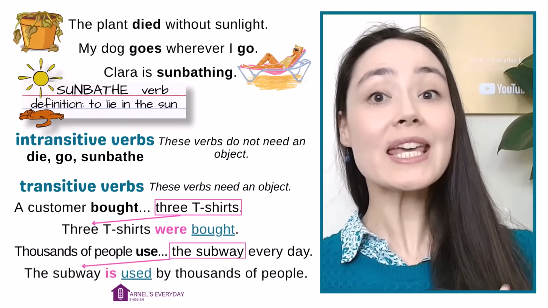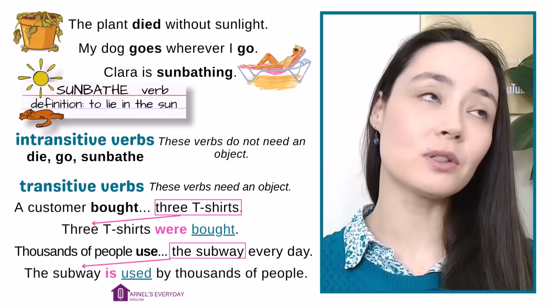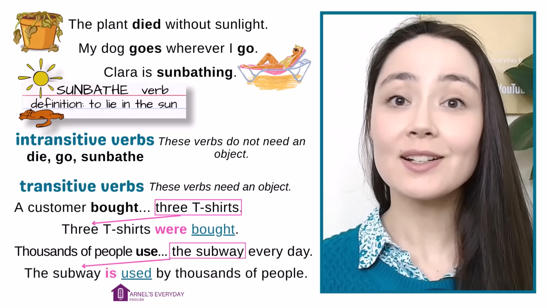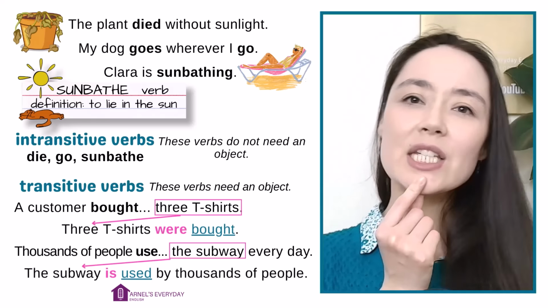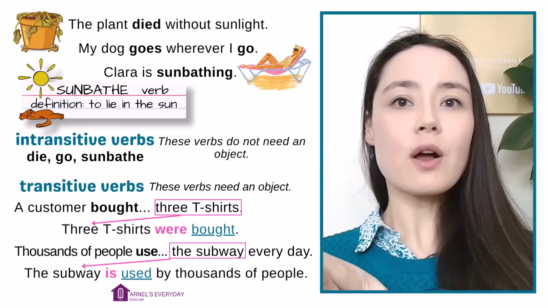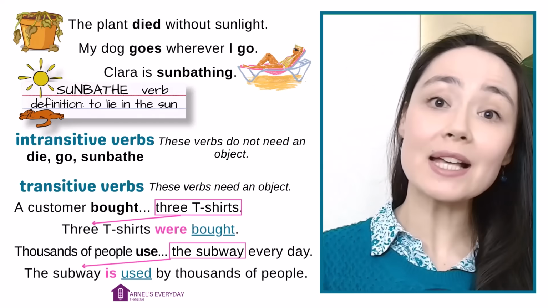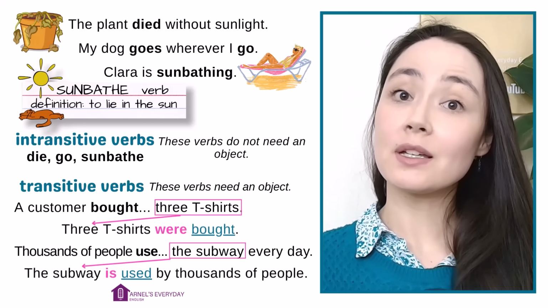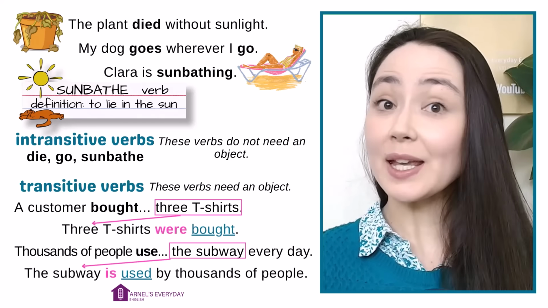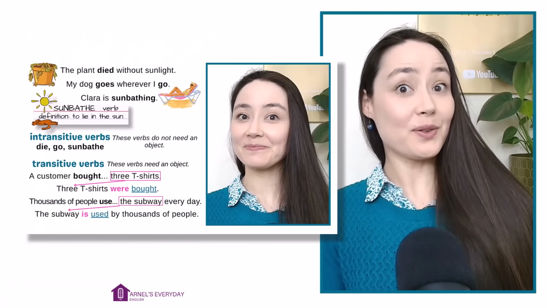The subway is used by thousands of people every day. This works. So if you're trying to convert a sentence from the active voice to the passive voice and it's not working, maybe the verb is intransitive. It won't work. How are you feeling?